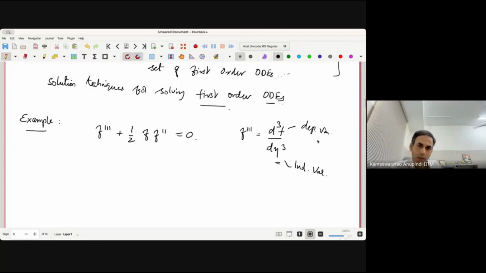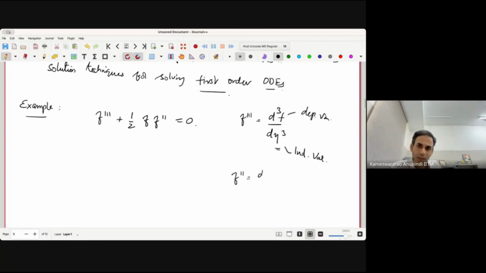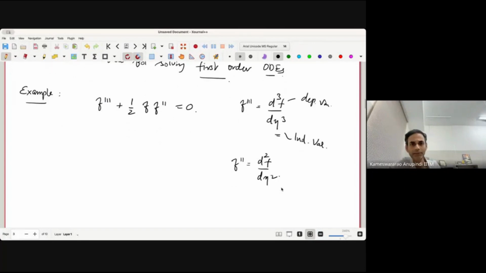Similarly, when we say f double prime, we are saying d square f by d eta square.